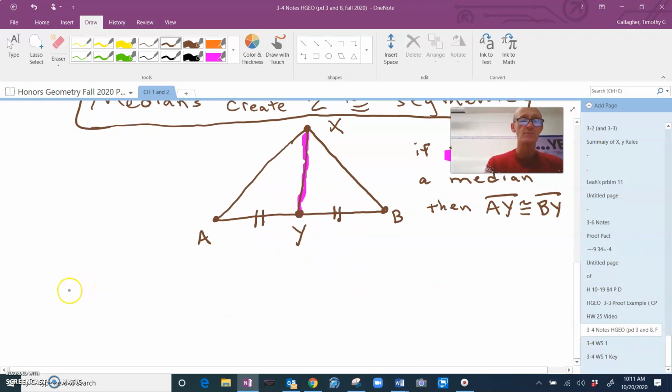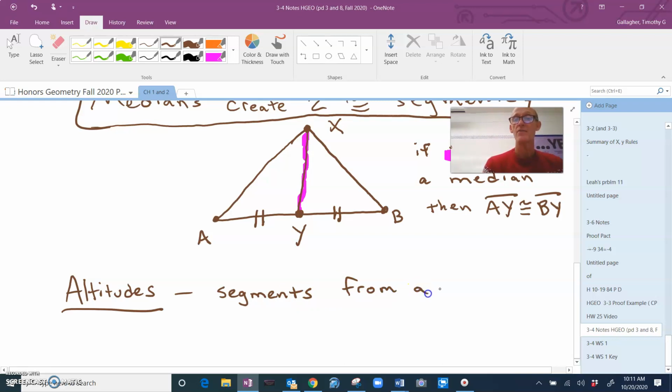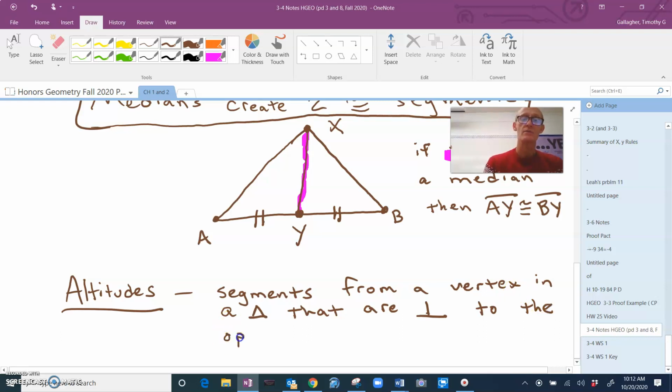Now, altitudes are segments from a vertex in a triangle that are perpendicular to the opposite side.